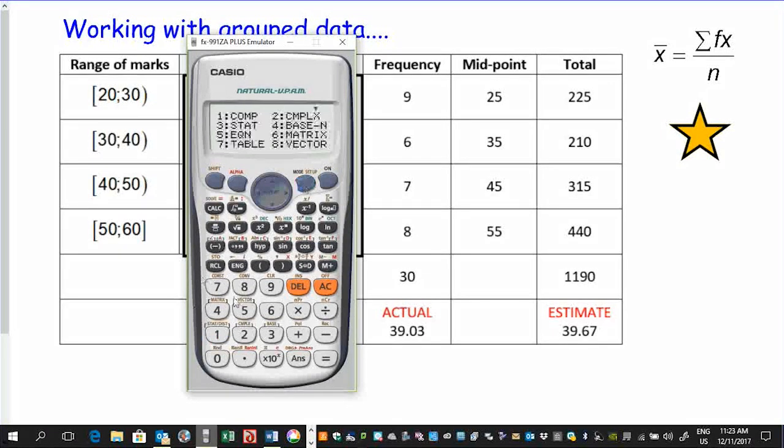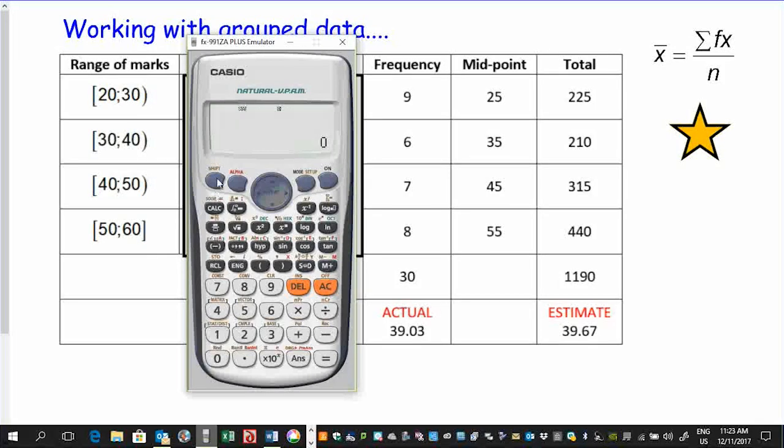Now when I go into mode stat, and I'm still talking about one variable statistics here, so 1, notice I've got a frequency button. So the midpoint was 25, the next midpoint was 35, the next midpoint was 45, and the last midpoint was 55. And now I go up and I put in the frequency. 9 people, 6 people, 7 people, 8 people, right?